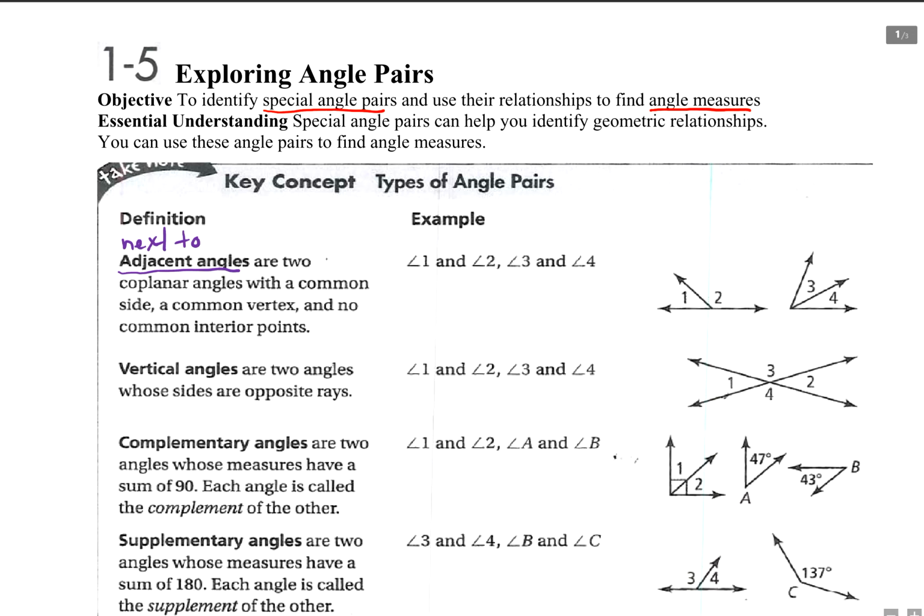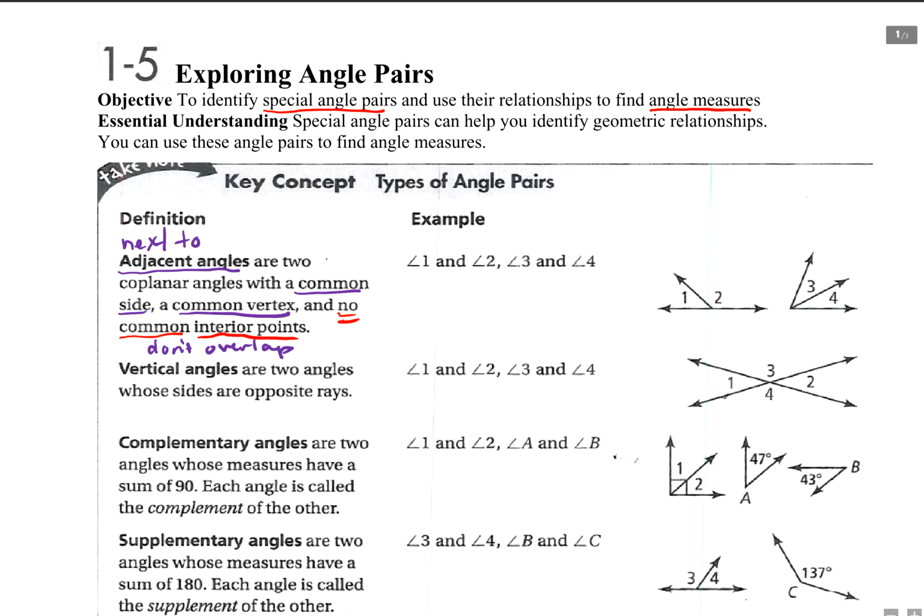Adjacent angles are two coplanar angles, that's important, and they have a common side and a common vertex. Now the important thing here is that they have no common interior points. It means they're next to each other, they don't overlap.